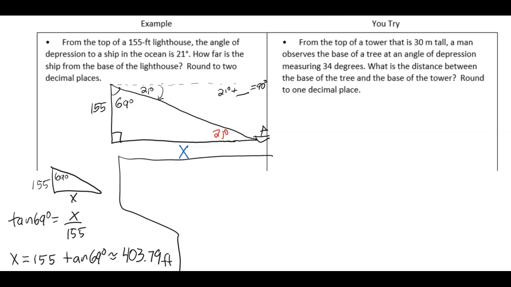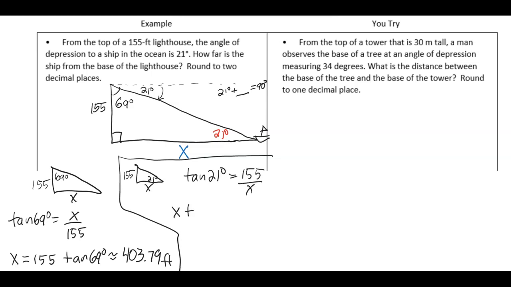However, we could also work with the triangle labeled this way. In which case tangent of 21 degrees would be 155 over x.